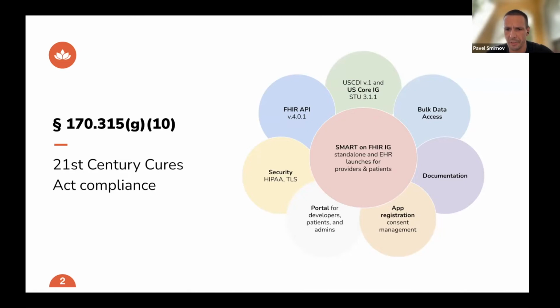But that's not it. In addition to that, you need to enable SMART on FHIR applications to run from these APIs. These SMART on FHIR applications need to be enabled for patients and also for practitioners. There are two types of launches which you need to support.